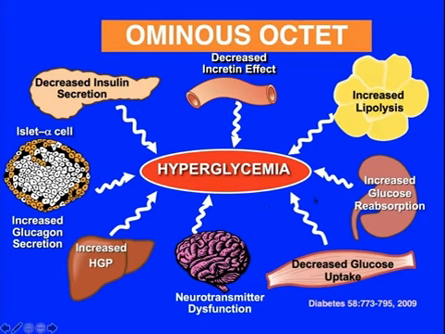At 3 o'clock, here is the kidney, and we're going to talk a lot about the kidney today. But every day of our life, the kidney filters about 180 grams of glucose, but all of that glucose is reabsorbed in the kidney.